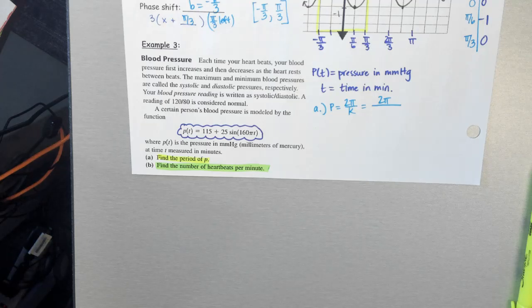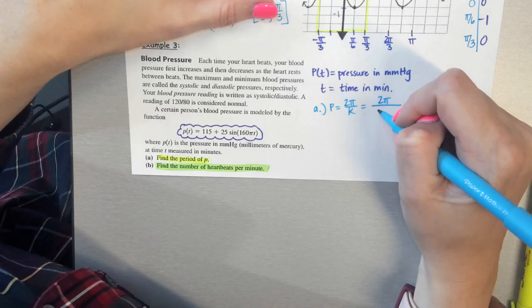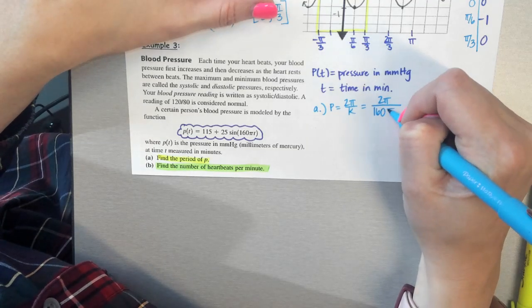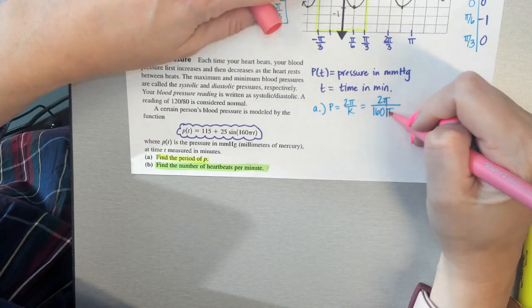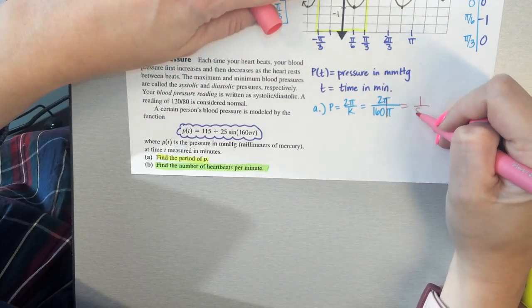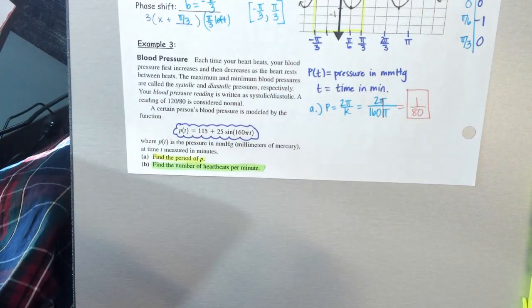Okay, so what was your k value? Yep, 160 pi. So the pi's are going to cancel, and 2 over 160 is 1 over 80. Okay, that is going to be the period.